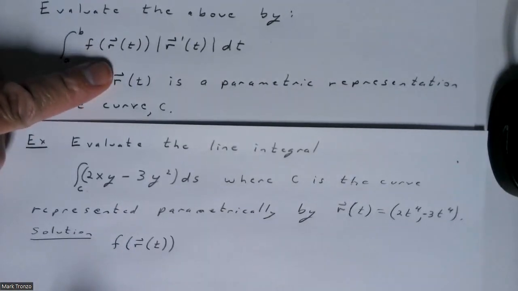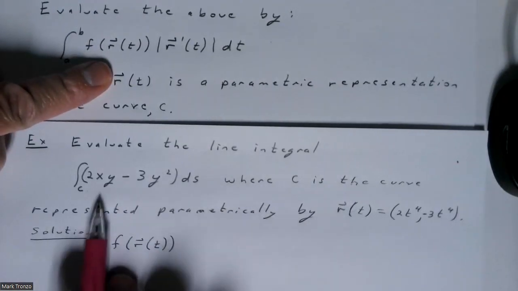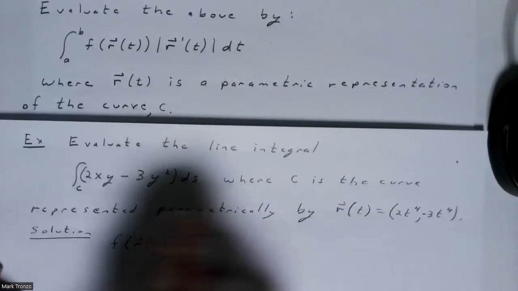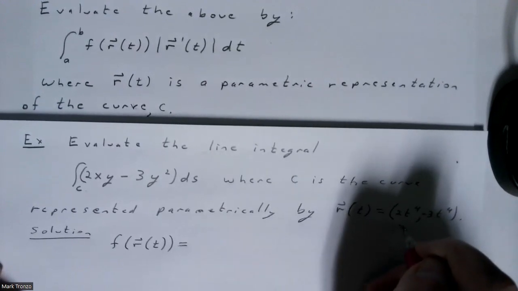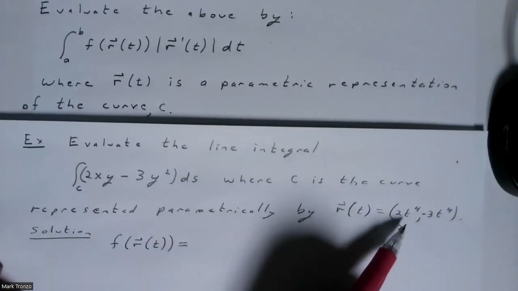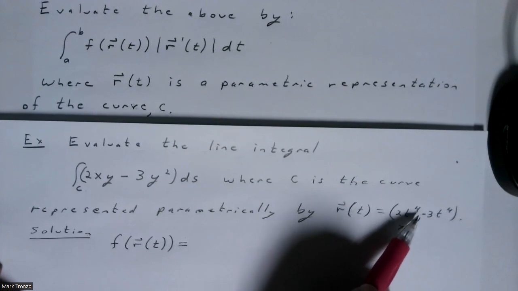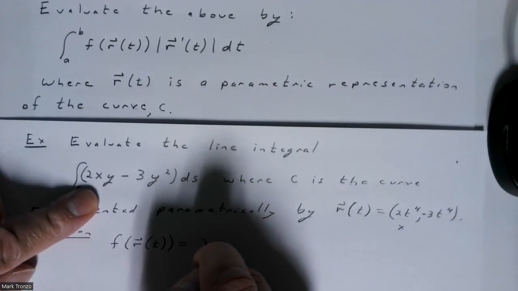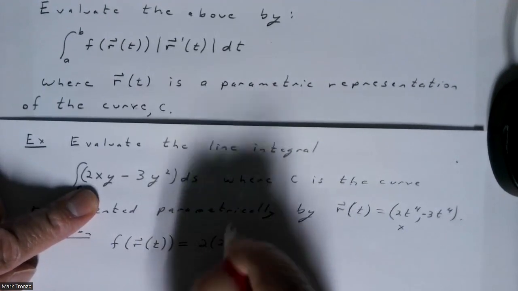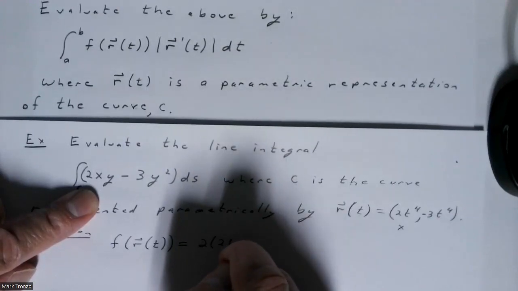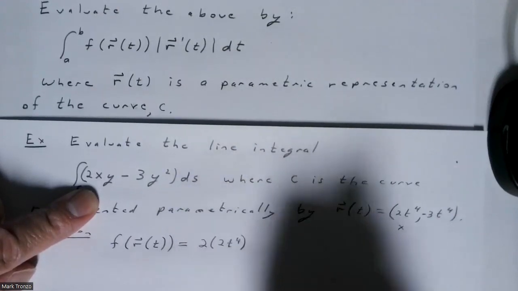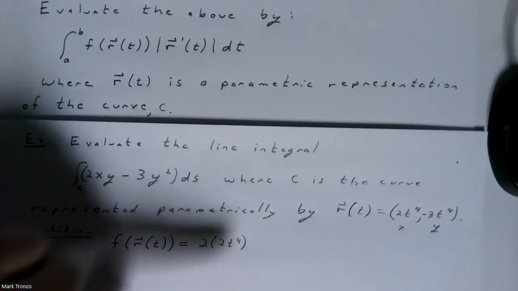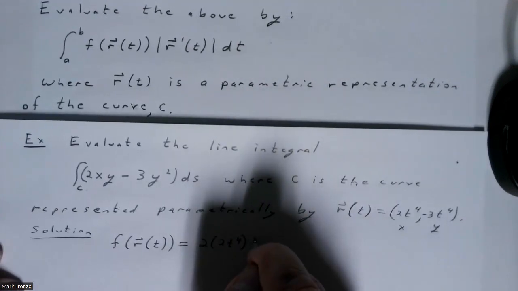So again, our function is this right here, f of xy. And according to what we have up here, we want to substitute this into our function. That means wherever x appears, we're going to put 2t to the fourth, and wherever y appears, we're going to put minus 3t to the fourth.